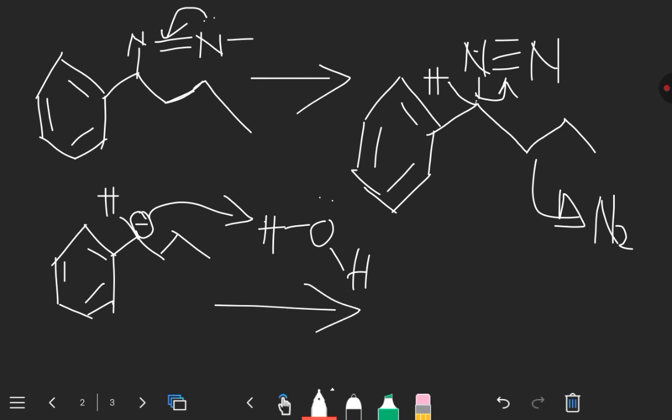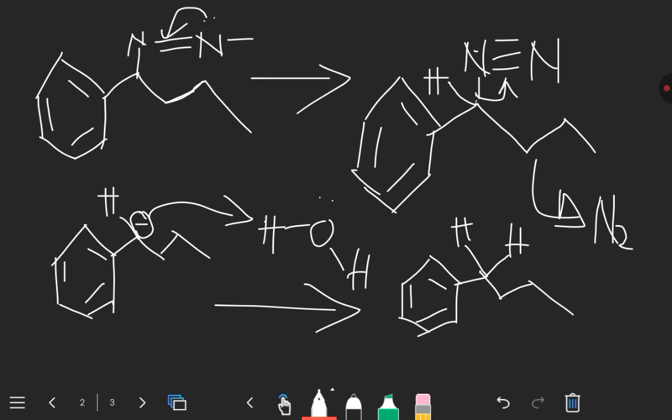Then we're going to form now this product. So now we have a hydrogen here. So we have now two hydrogens. There's one hydrogen which was initially there, with now this hydrogen which has been formed.